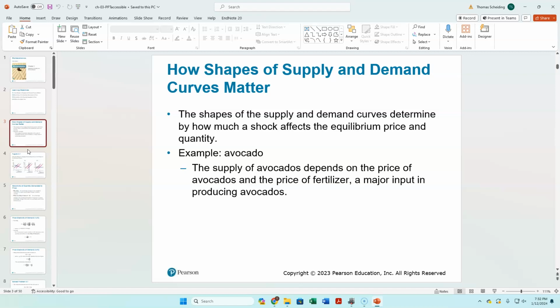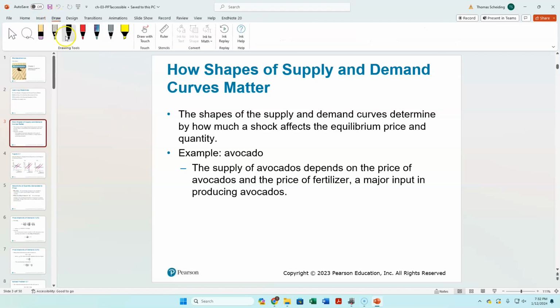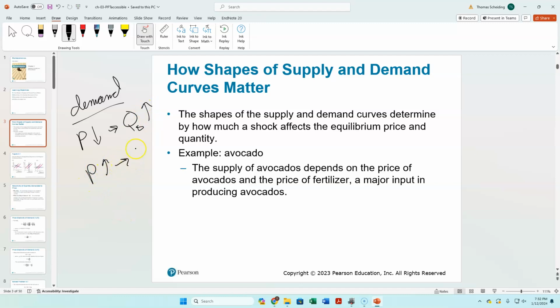The basics being that demand curves are downward sloping and supply curves are upward sloping. For a demand curve, when the price goes down, the quantity demanded goes up, or vice versa, when the price goes up, quantity demanded goes down.